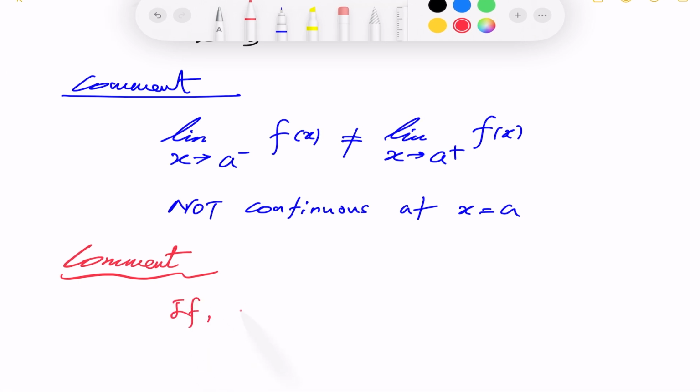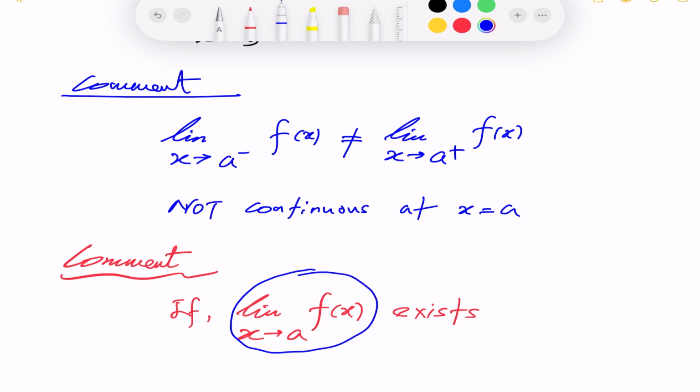If the limit as x approaches a of f of x exists, what does that mean? That means the left hand limit evaluated at a for f of x is equal to the right hand limit evaluated at a for f of x. If they are equal to each other, then the limit exists.